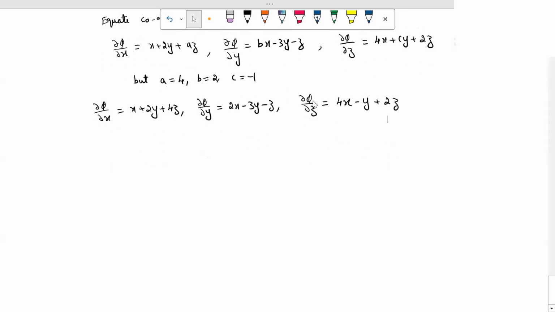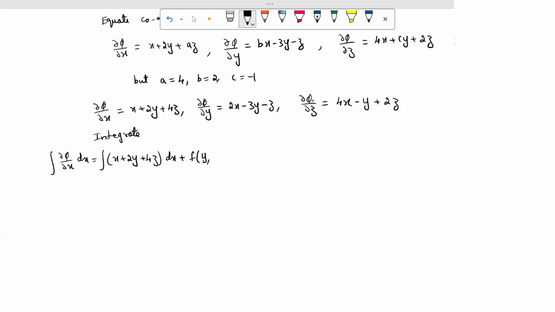Now since I need to find the value of φ, let us integrate this. If you integrate, the integral of ∂φ/∂x dx equals the integral of x plus 2y plus 4z dx, plus a function of, when you're integrating with respect to x, the constants y and z.